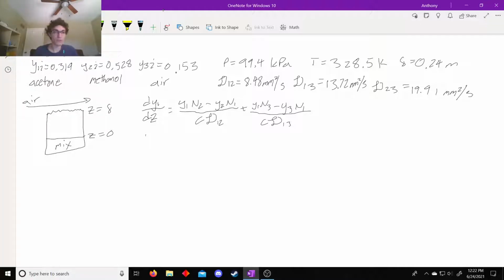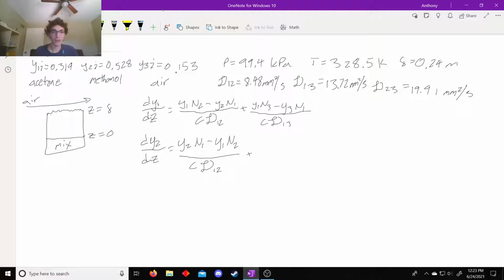So now we're going to do the same thing for component 2. So the change in mole fraction of component 2 over the change in z distance is equal to the mole fraction of component 2 times the molar flux of component 1 minus the mole fraction of component 1 times the molar flux of component 2 divided by concentration times the Stefan-Maxwell diffusion coefficient between 1 and 2 again.